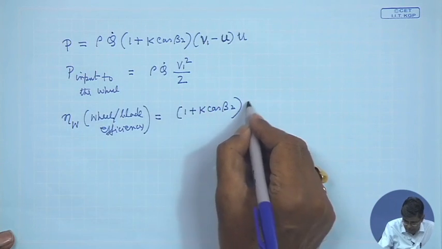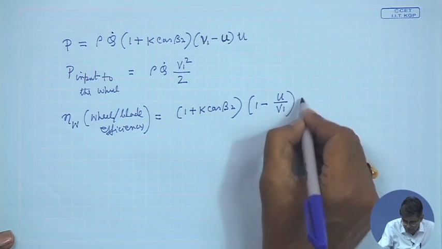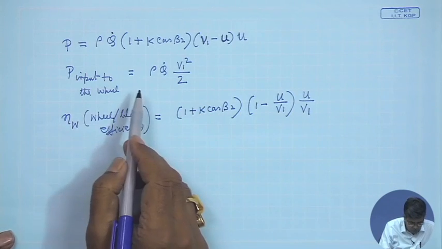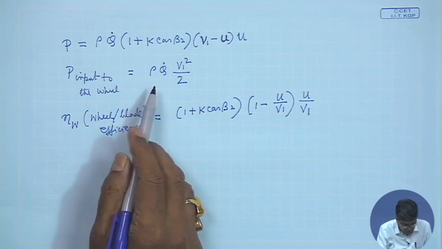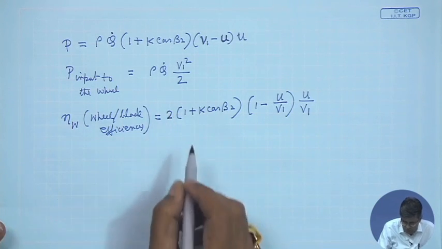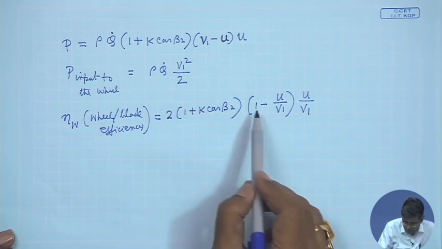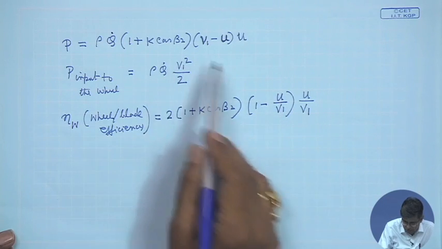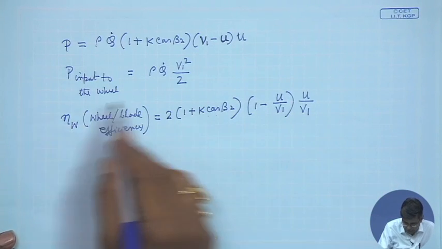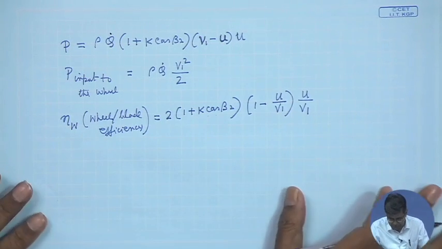This cancels, and this can be written in this fashion: u by V 1 into 1 minus u by V 1, and rho Q V 1 square by 2. So, therefore, there will be a factor 2. So, this will be 2 into 1 plus k cos beta 2, into u by V 1 into 1 minus u by V 1. So, this is the expression for the efficiency, wheel or blade efficiency, which is defined in case of the Pelton wheel.